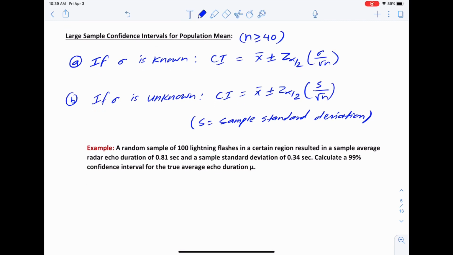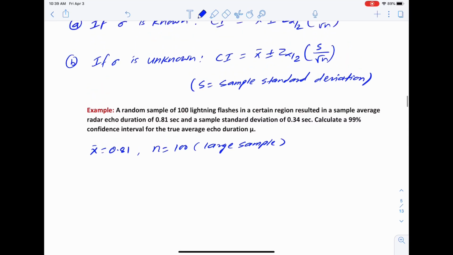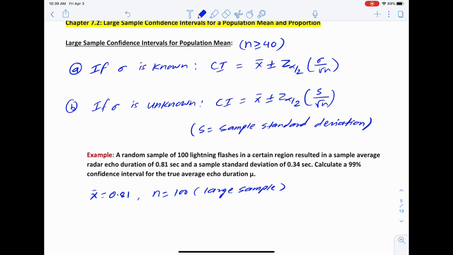Let's see one example. A random sample of 100 lightning flashes in a certain region resulted in a sample average radar echo duration of 0.81 seconds. So x bar is 0.81 and the sample size is 100. Of course this is a large sample, since we are considering more than 40 as large.